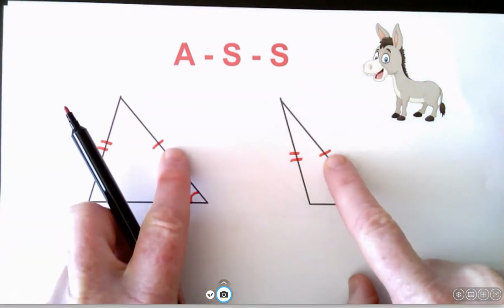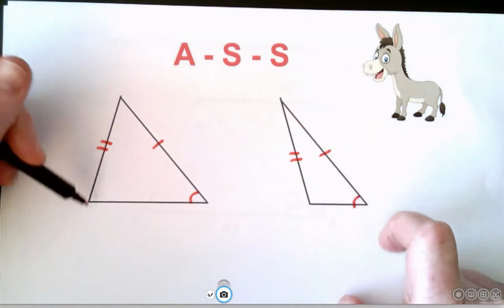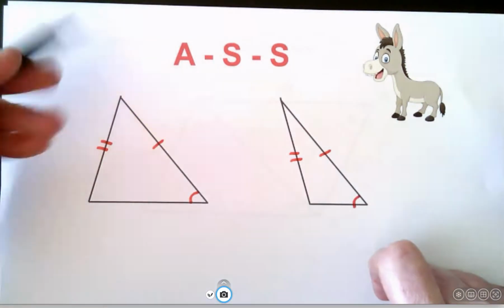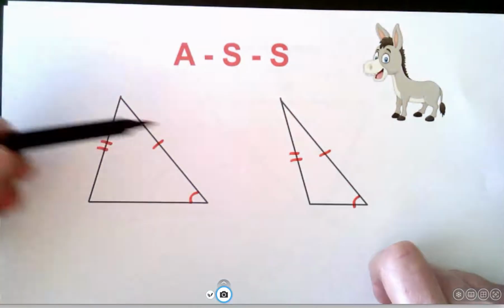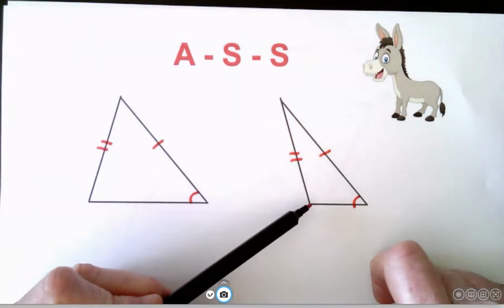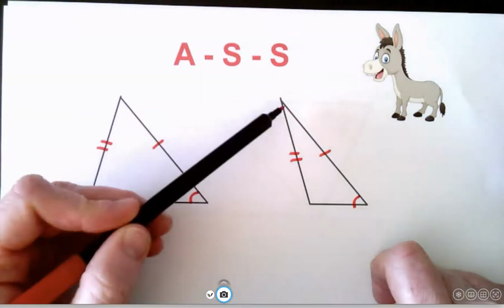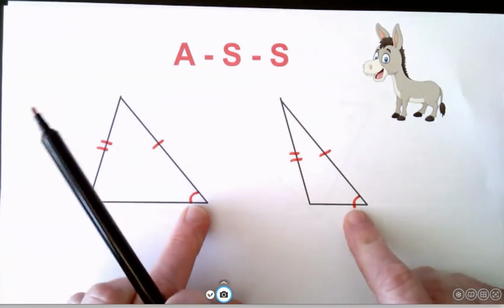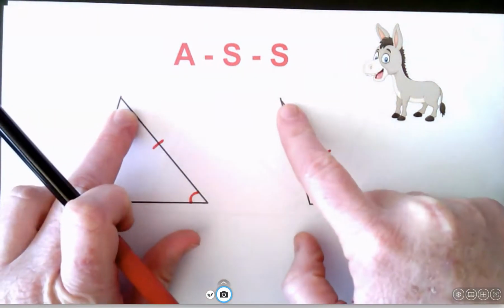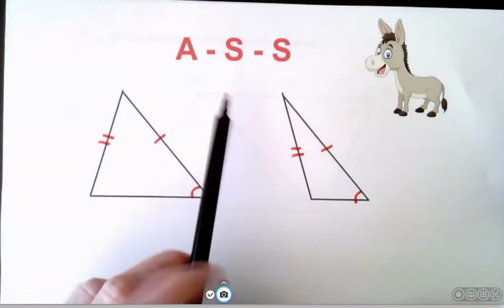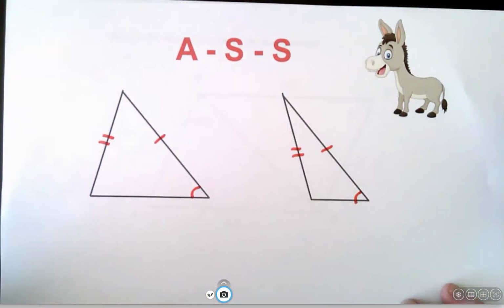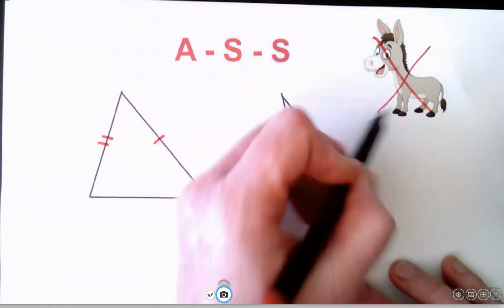This side is exactly the same, but this line here could be here, or I rotated it, right? This line is the exact same thing as this line. These angles are maintained, but these angles now changed, and so did these. So ASS is not a triangle congruence theorem. No to the donkey.